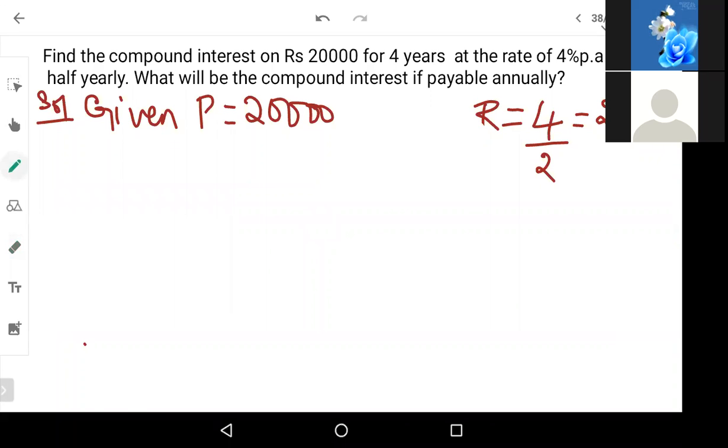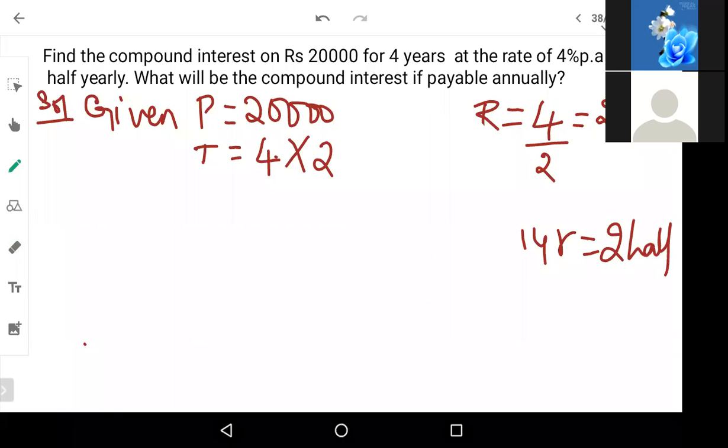Now, since we are paying it for half a year, if you see time is 4 years. In 4 years, how many half years will come? You'll have to multiply it with 2. 1 year has 2 half years, 6 months, right? 1 half year, 2 half years.